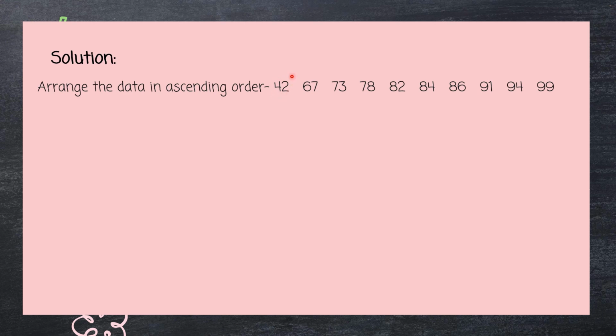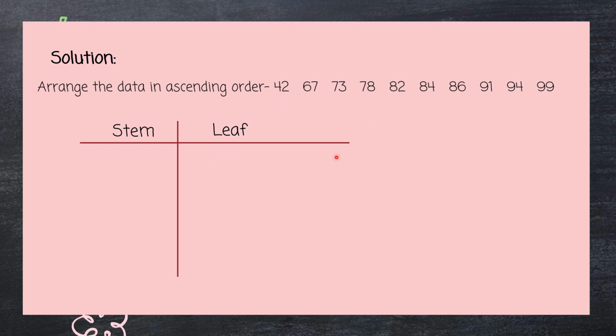So the lowest data is 42 and the highest data is 99. Since the data consists of 2 digits, let the leading digit be the stem and the second or last digit be the leaf.